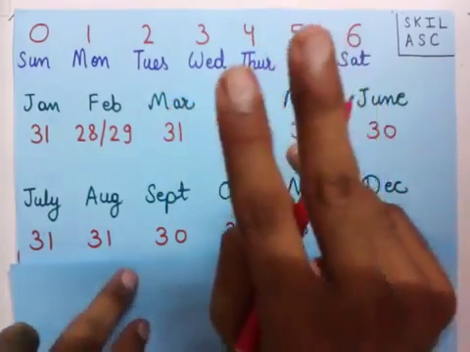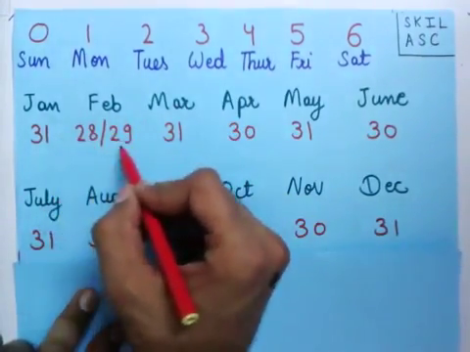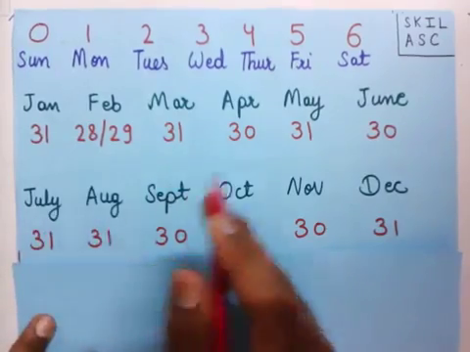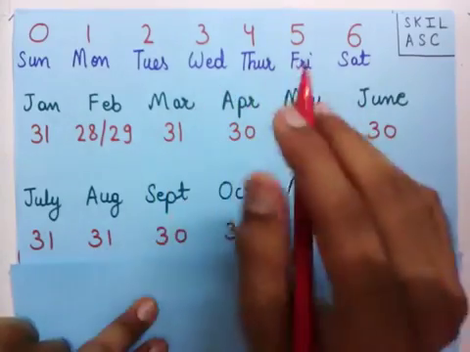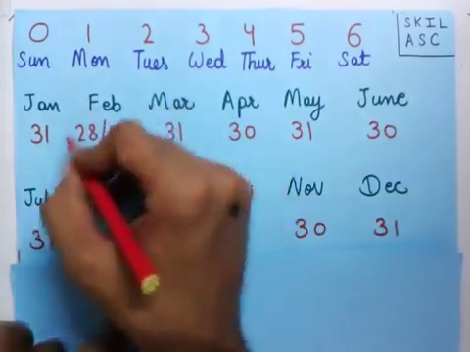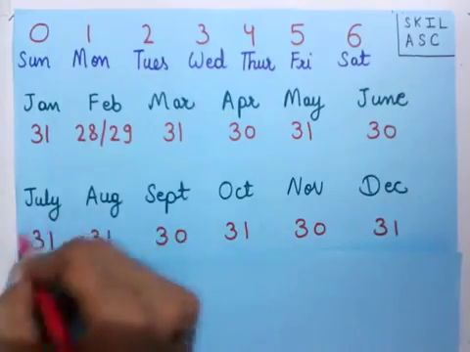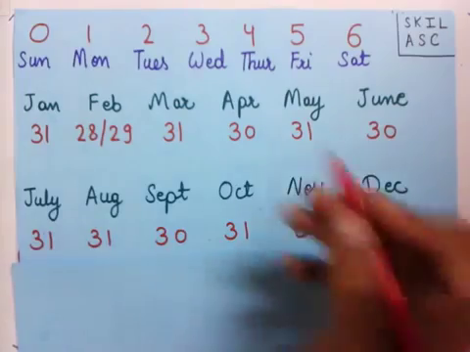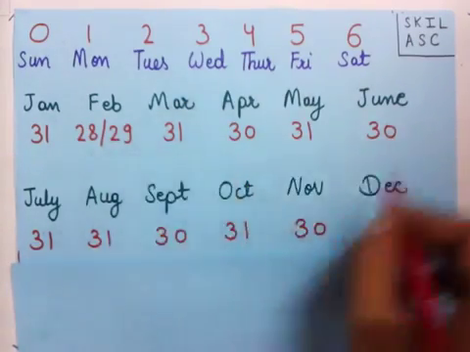You only have to remember 2 points: here we need to remember 28 and 29, and here we have to remember that these 31 days are repeating. Otherwise for the remaining months we only need to go in an alternating way as 31, 30, 31, 30. Or you can find another way to remember this. Our aim is to remember this data.